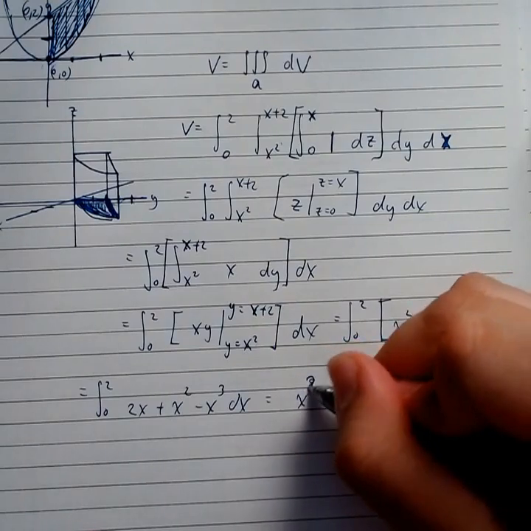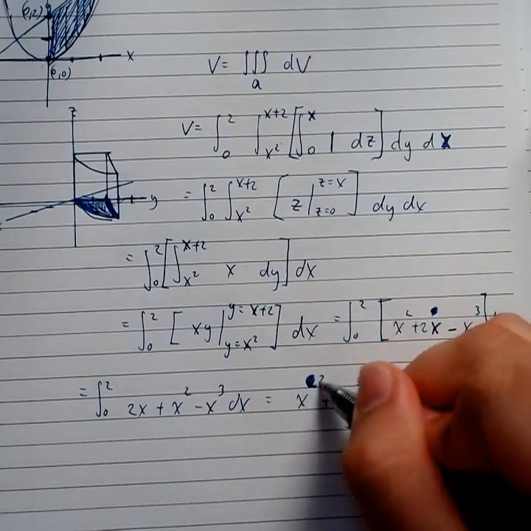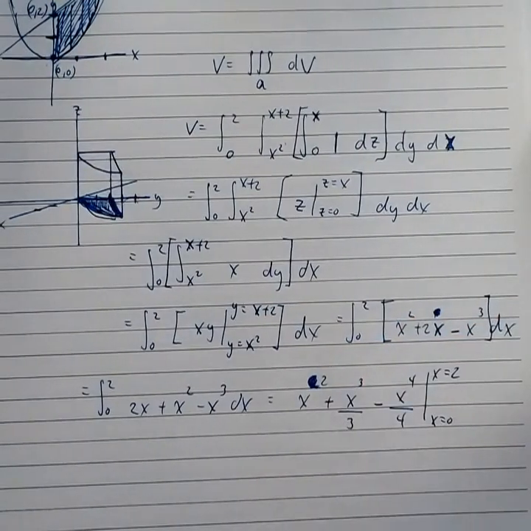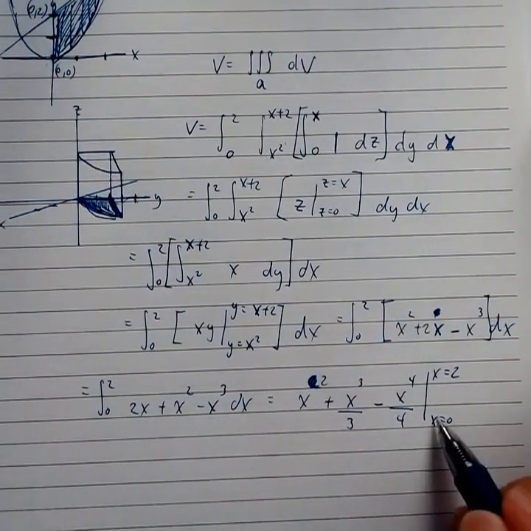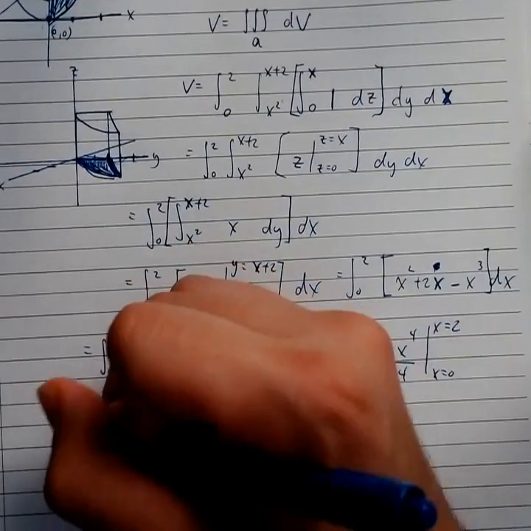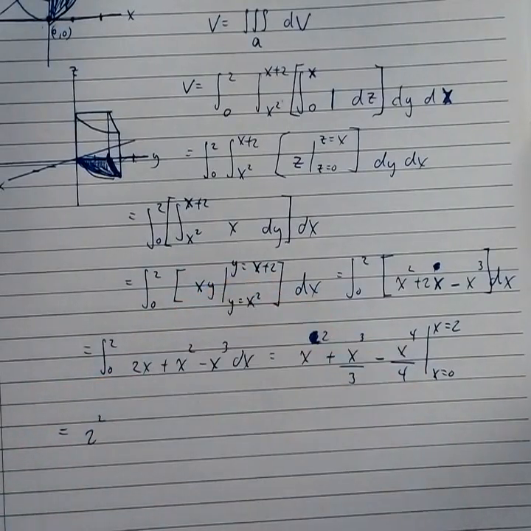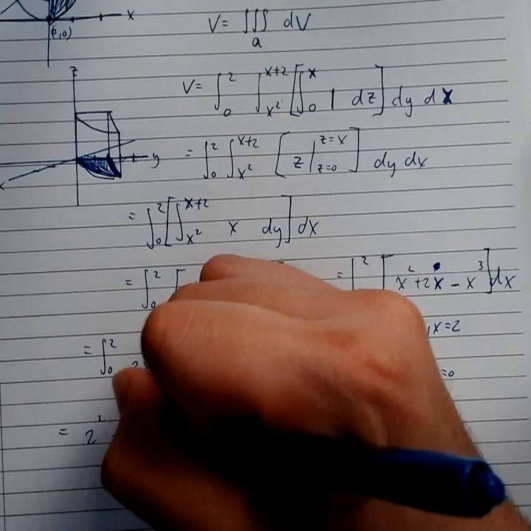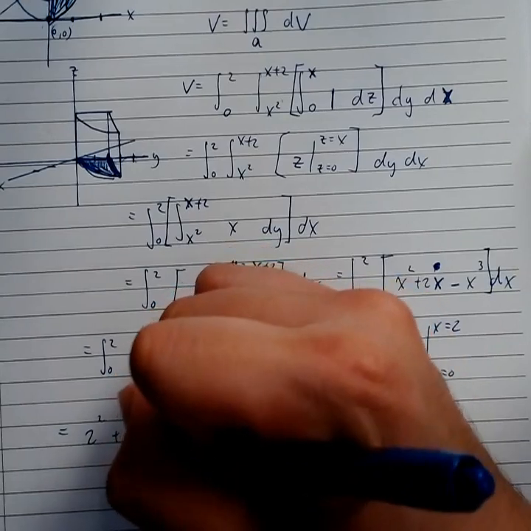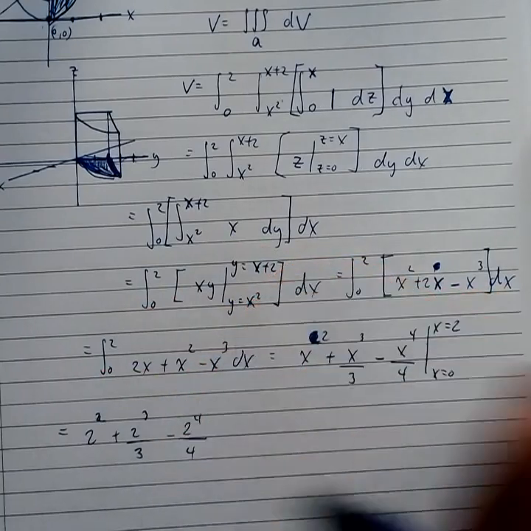Well, now if x is equal to 0, then that's just 0 plus 0 minus 0. So that's all 0. This one is irrelevant to us. So all that really matters is this upper bound, which is going to be 2 to the second power plus 2 to the third power over 3 minus 2 to the fourth power over 4.